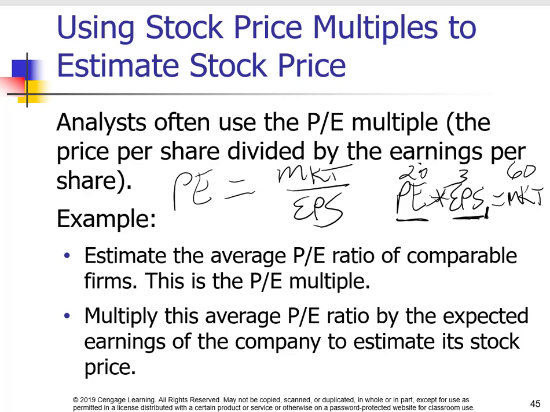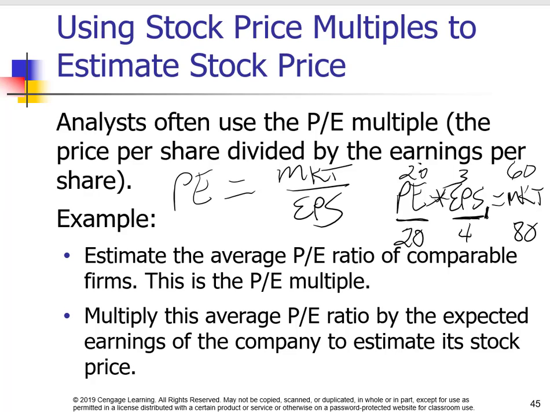We don't want to know the current price. We want to know the future price. So if we say the PE ratio will stay the same, but now earnings per share will go to $4, that means the stock price goes to $80. So again, we're predicting a $20 increase in value when earnings per share changes.